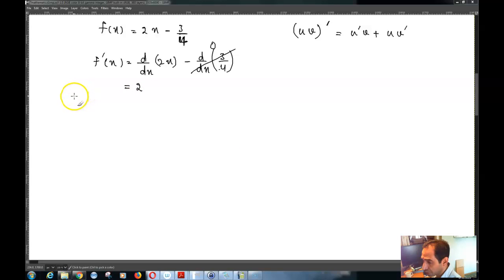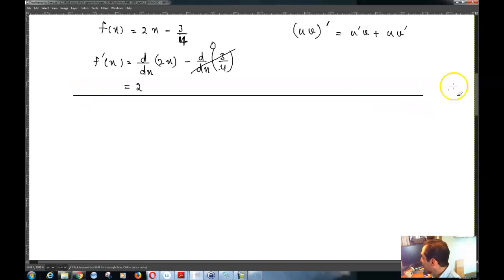Or suppose that you have, for example, in my answer number 9 part 2, f of x is equal to 5x cubed plus 3x minus 1 times x minus 1.